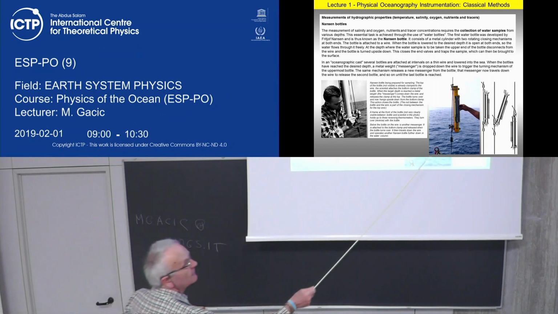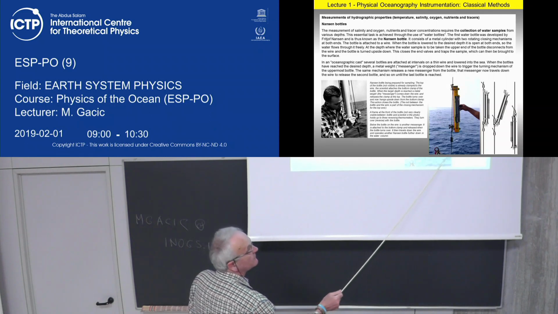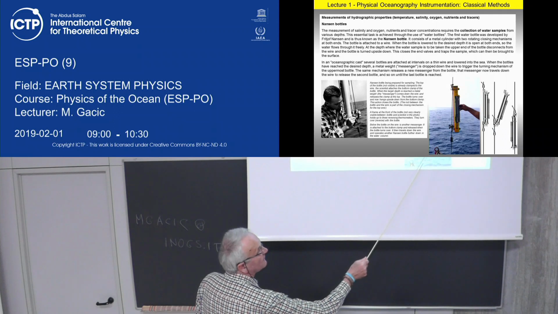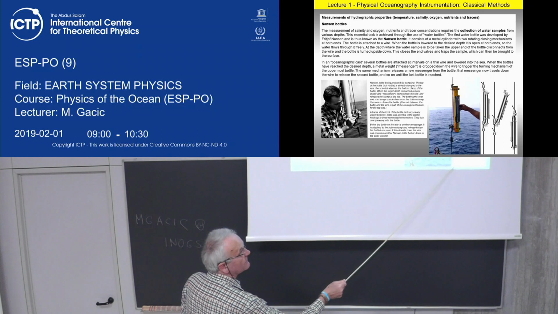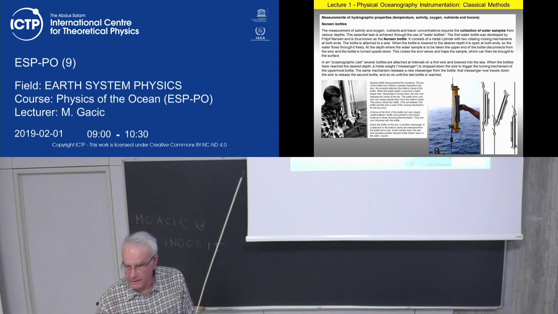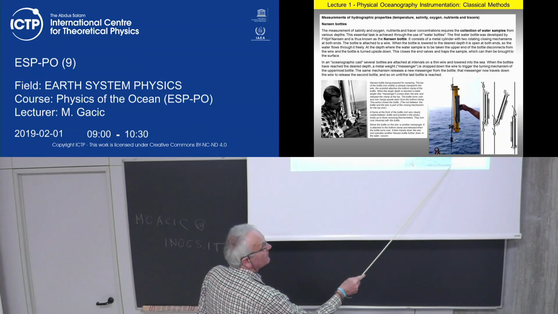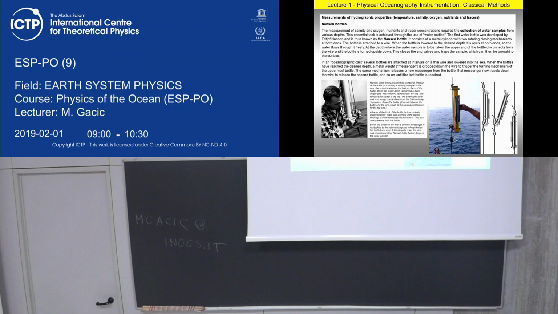You see, this is how this inversion looks like. So this is the messenger which comes here, and then you can see this. But then there is another bottle below. The bottle below is opened by the other messenger. So you have a whole series of messengers which are opening a whole series of Nansen bottles, because you don't want to do measurements at a single depth.